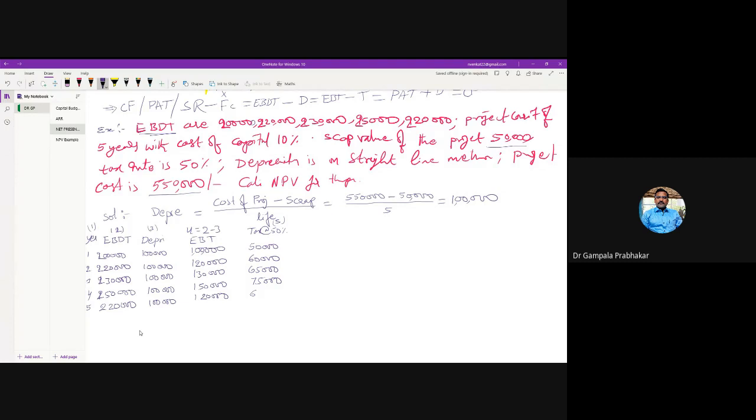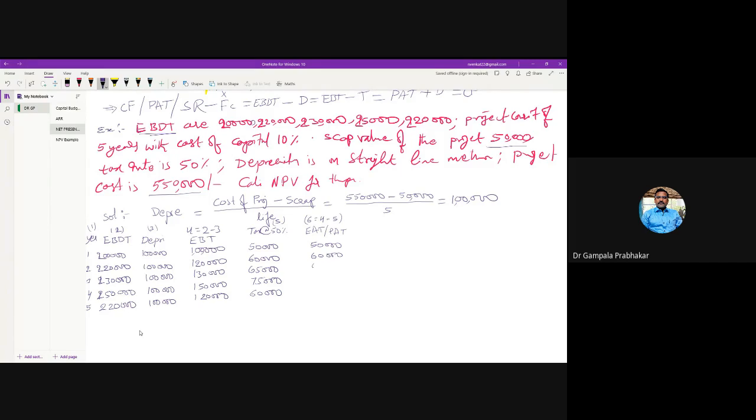In the first year we are paying 50% tax, so the remaining amount is our profit after tax, PAT, or earnings after tax. So the sixth column you will get by deducting the fifth column from the fourth column, you will get profit after tax.